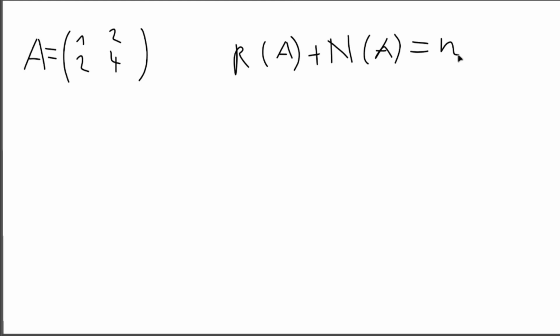The nullity is the dimension of the kernel of the matrix. So it's the dimension of the solution space of the equation Ax equals 0, where x are the vectors that fulfill this equation, 0 being the zero vector and A being the matrix. So what is the dimension of that vector space?